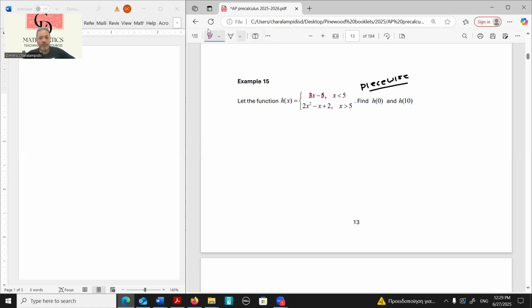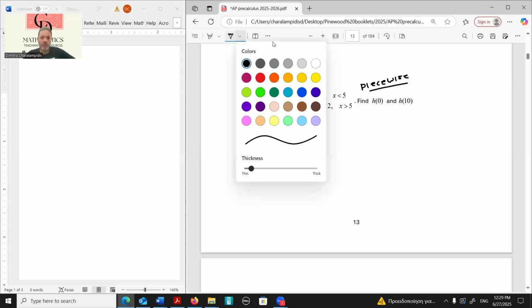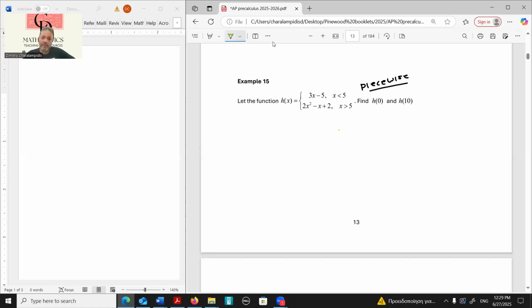Sorry, let me erase that. It didn't quite work. So it's 3x minus 5 when we are given input values less than 5, or 2x squared minus x plus 2 when we are given input values greater than 5.